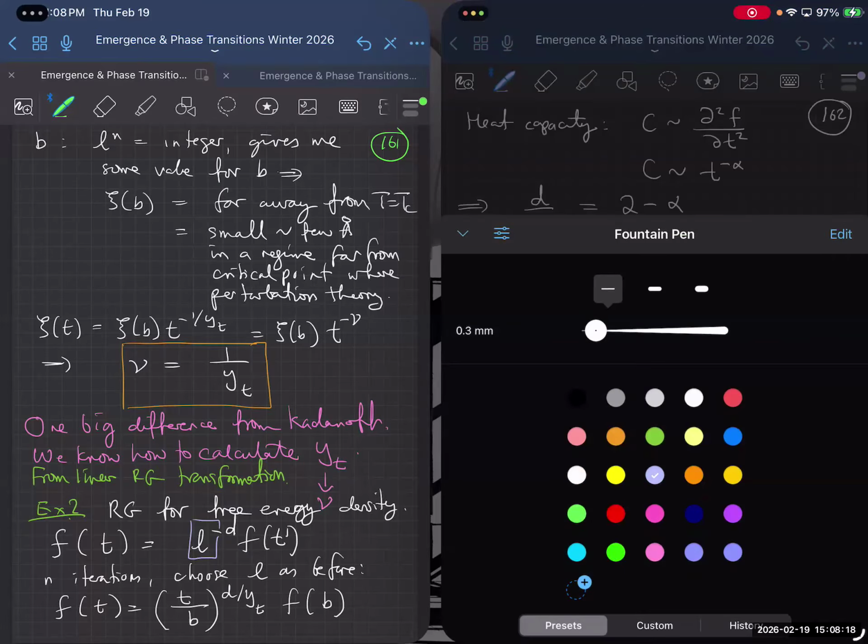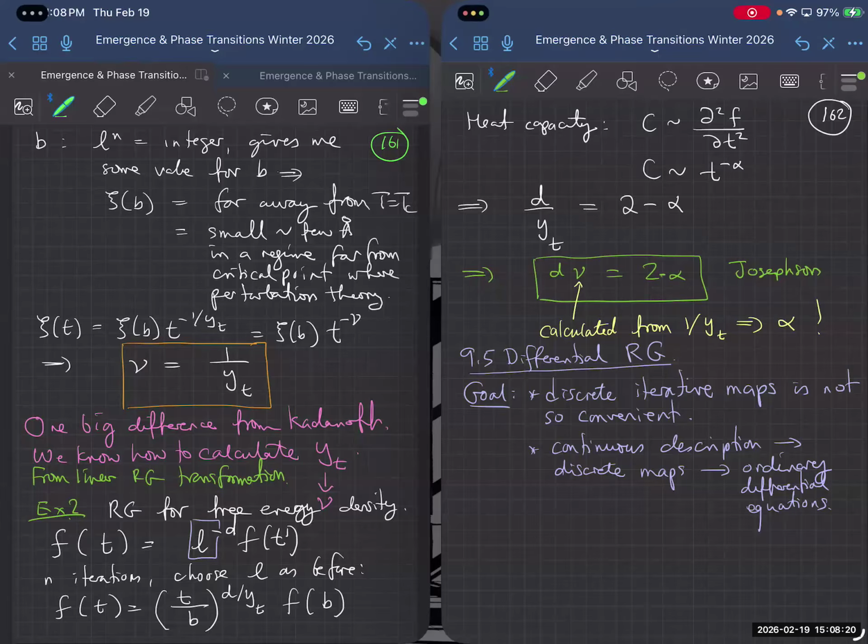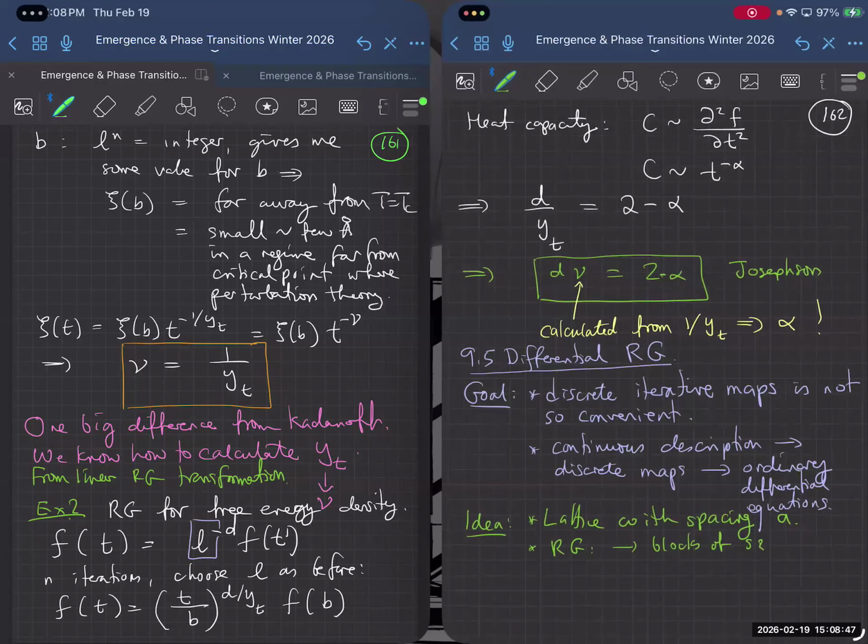It's conceptually really trivial, so let me just quickly rush through the general idea. We start off with a lattice with spacing, just call it A. Then we do an RG transformation to get blocks of size LA, where L could be 3 or something like that.